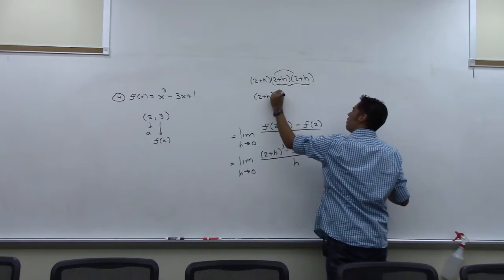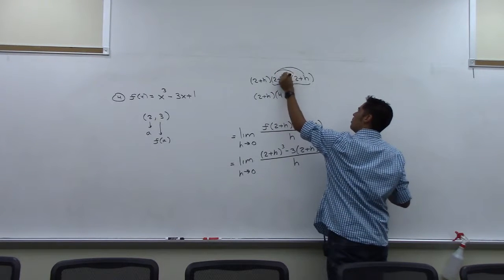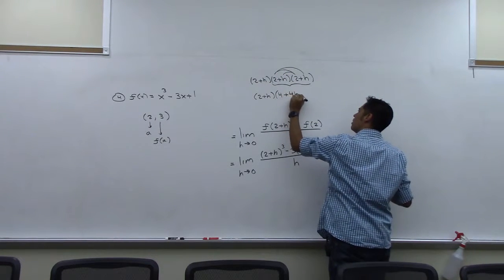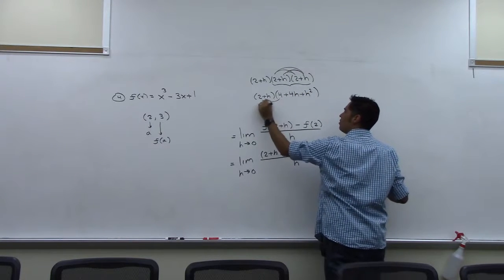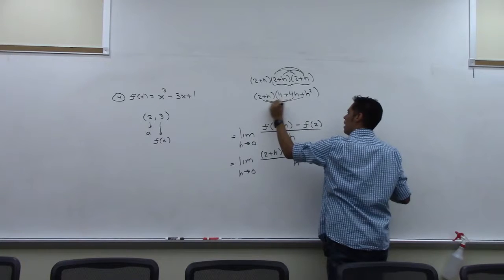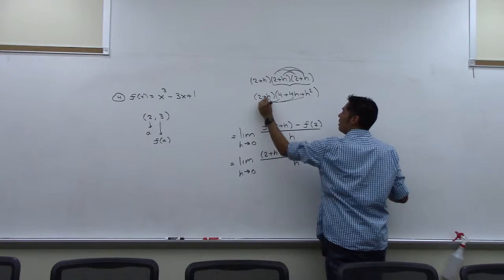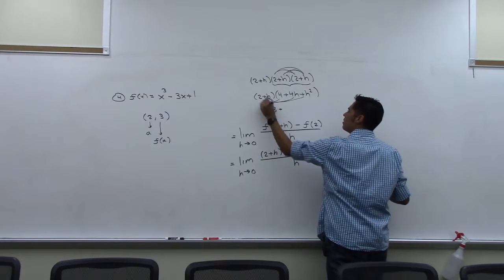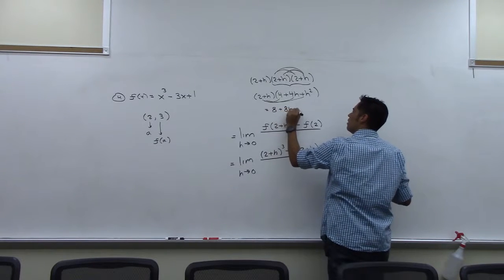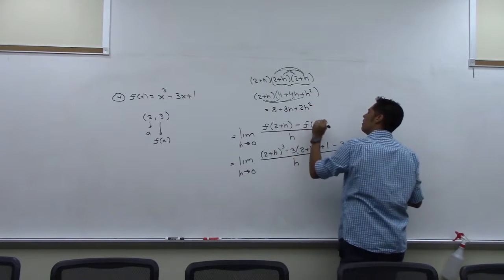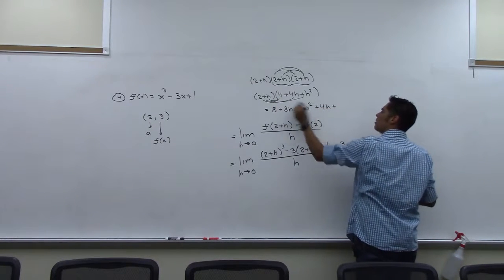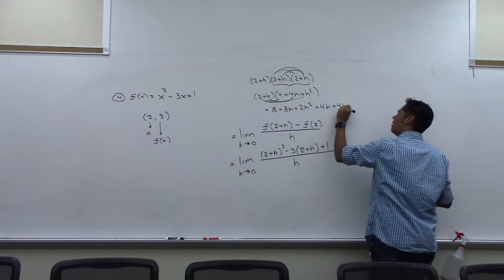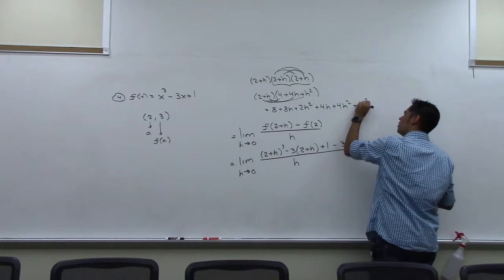So I get 4 plus 2h plus 2h, plus h squared. And then I multiply 2 through these, and then I multiply h through. So when I do 2 through there, I get 8 plus 8h plus 2h squared, plus here to here 4h, plus here to here 4h squared, plus h cubed.